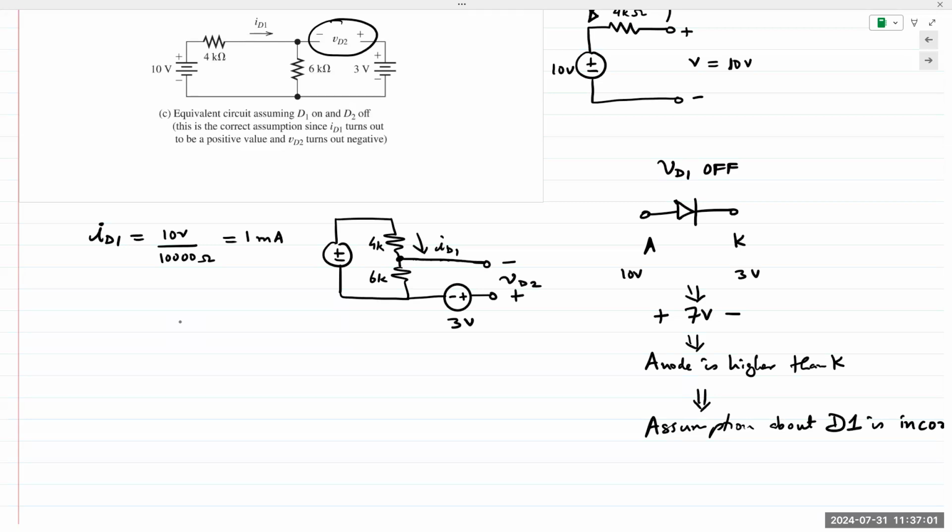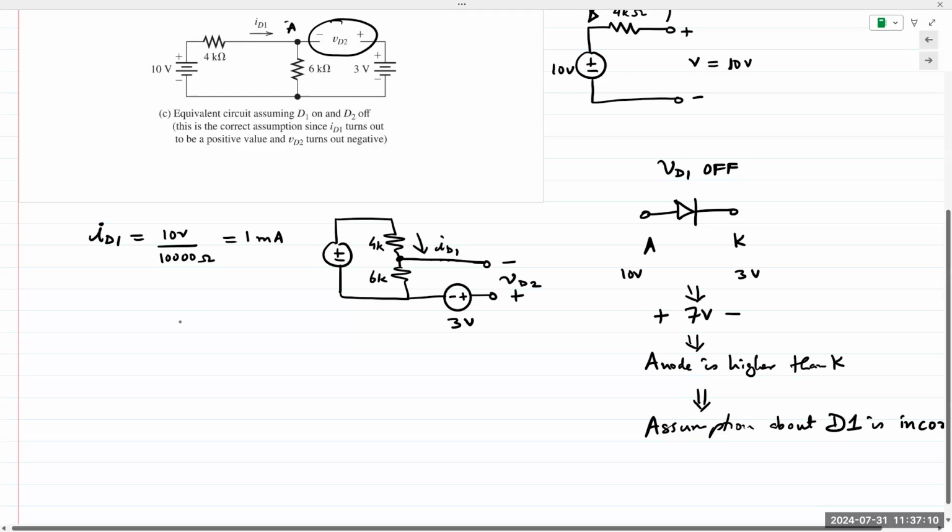So what is the voltage between 4K and 6K? I can find it from voltage division. Let me call this node A and this node B. So voltage VAB, the voltage at A with reference to B, can be given as a fraction of 10 volts.